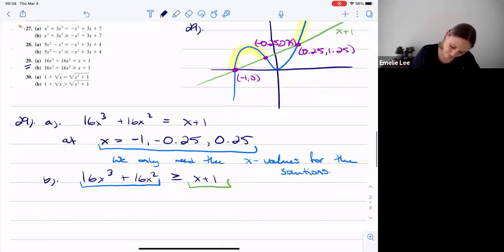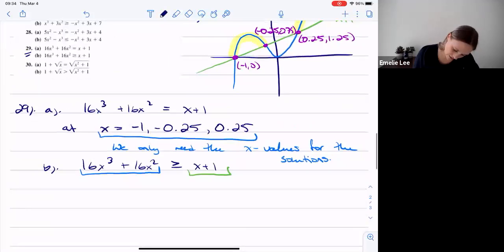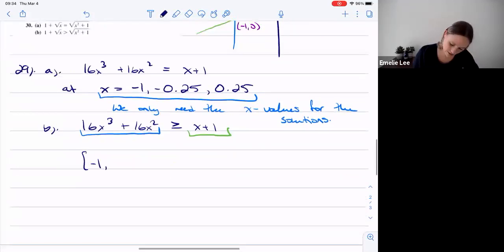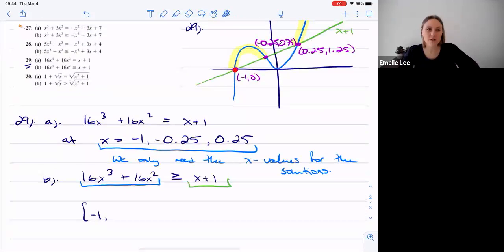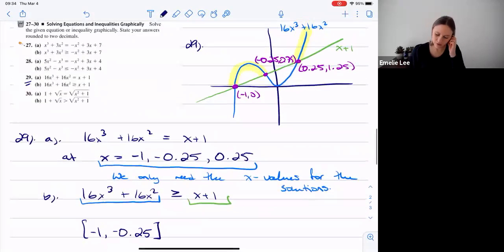For greater than or equal to, the solutions start from -1. At x equals -1, they're equal to each other, which is part of the inequality. If we didn't have greater than or equal to, I would have a round bracket here. So from -1 up to x equals -0.25, the inequality is satisfied, including -0.25.